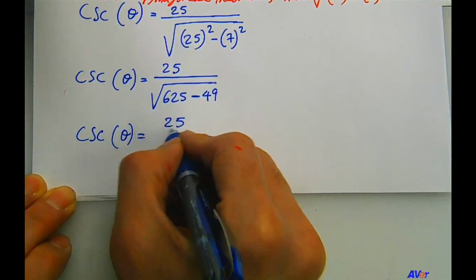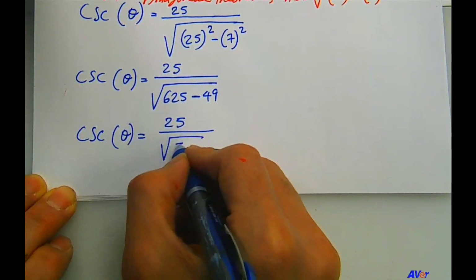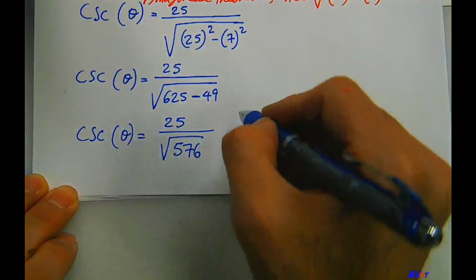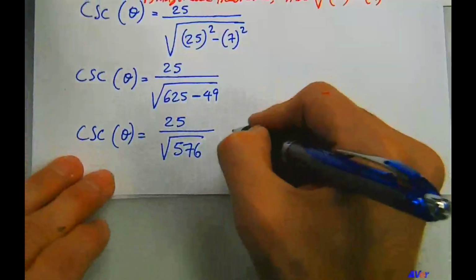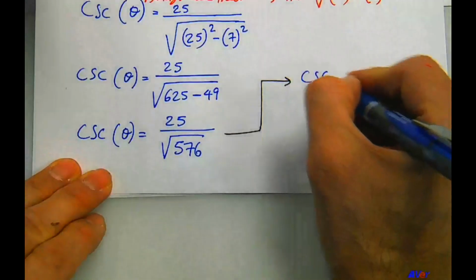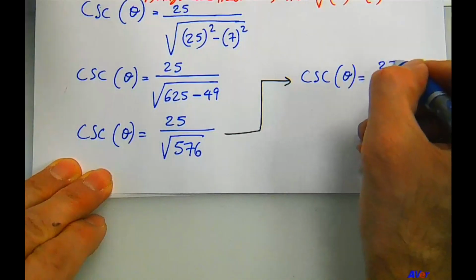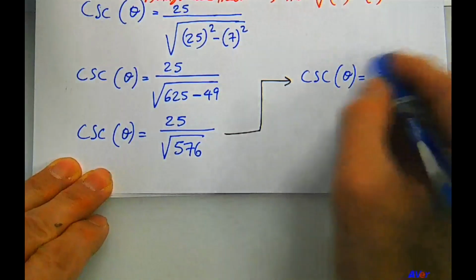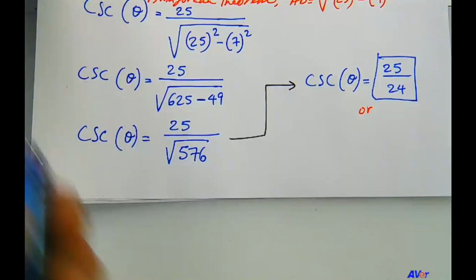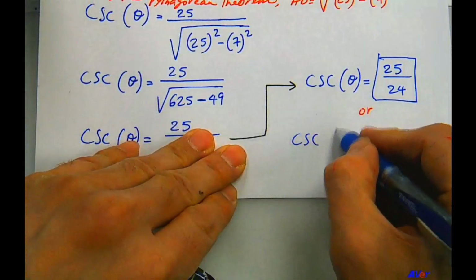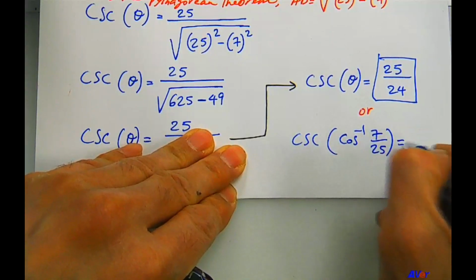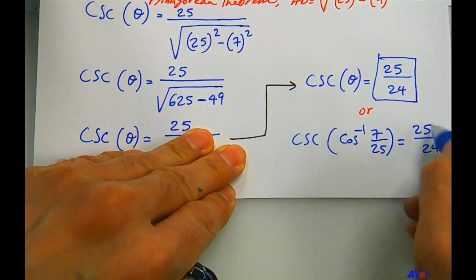Cosecant of theta is equal to 25 divided by square root of 576, and so simplifying this a little more, cosecant of theta is equal to 25 divided by 24. So this is the result, or we can write, if you prefer, cosecant of inverse cosine of 7 over 25 is equal to 25 over 24, like that.